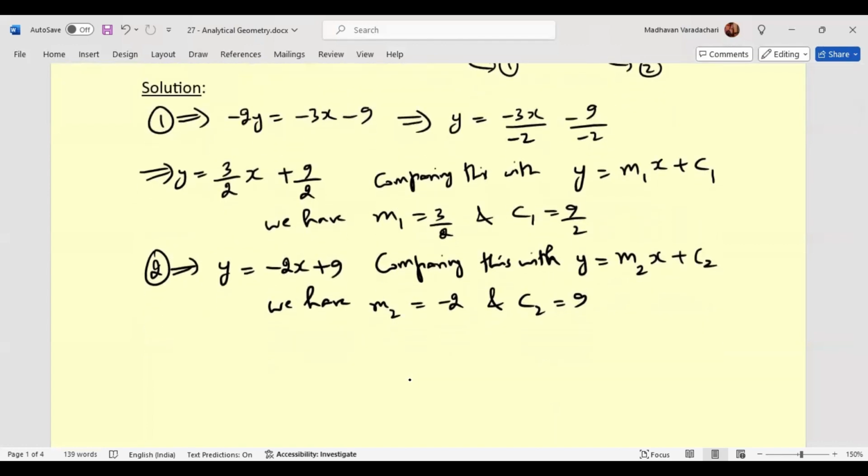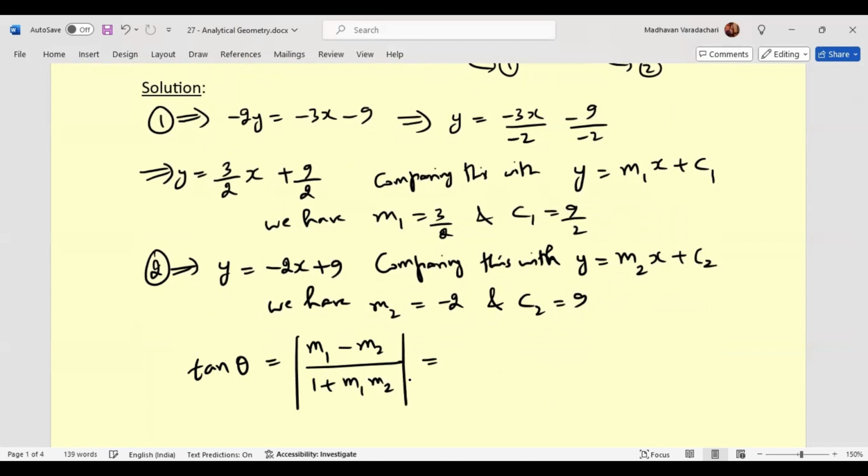Now, angle between these two lines is tan theta. That will be modulus of m1 minus m2 divided by 1 plus m1 m2.